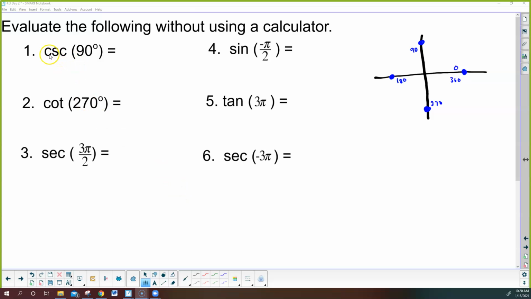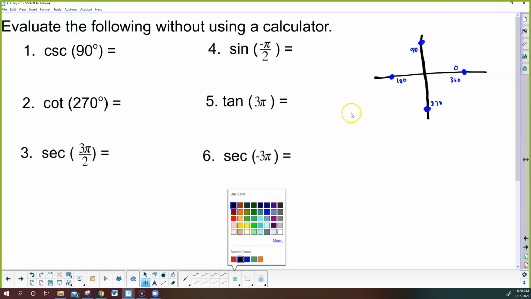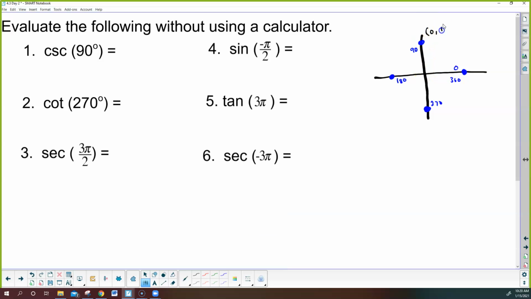So if I'm thinking cosecant of 90 degrees, well, I'm thinking, where is 90? 90 degrees, we know where that is. So what would that be? If the radius was always 1, then this point would be go over 0, up 1. Well, that tells me exactly what x and y are. So then I have to think about, okay, cosecant. Well, cosecant is the reciprocal of sine.